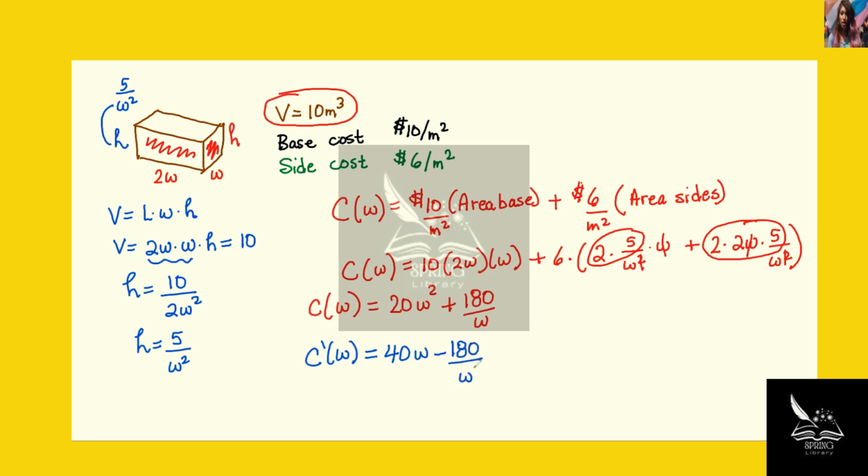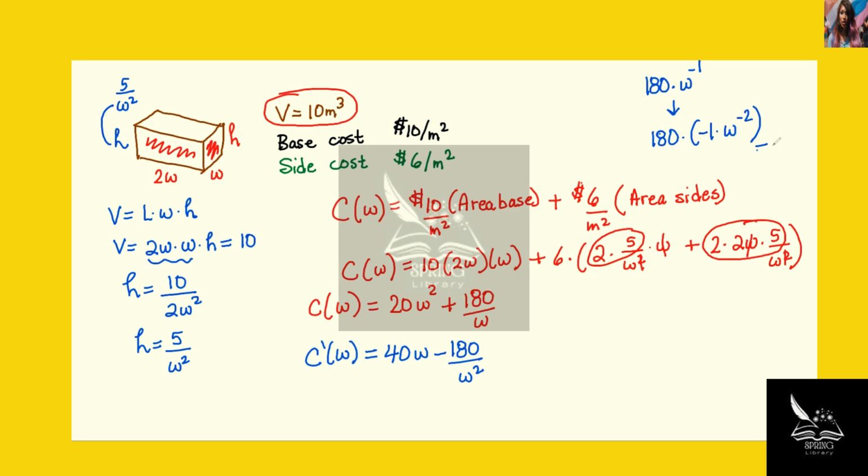And in case you're not seeing it, I'll do it up front. If I think of it as 180 times w to the minus 1, then the 180 goes along for the ride, but I use the power rule, so I get minus 1 times w, and I subtract 1 from the exponent.